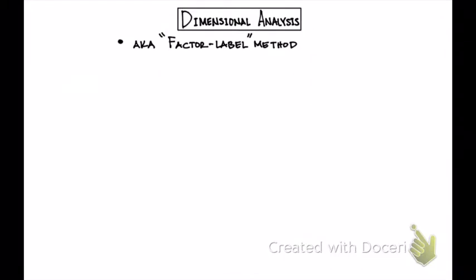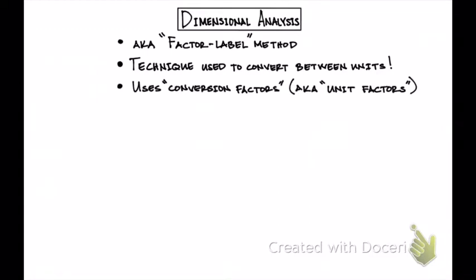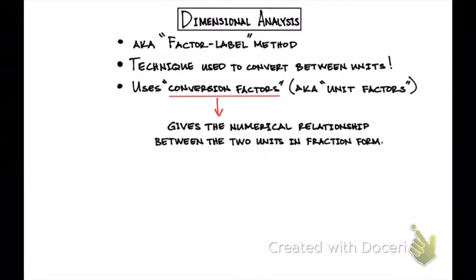Okay, and this method or technique is used to convert between units, and it uses conversion factors, which are also known as unit factors. So a conversion factor basically gives the numerical relationship between the two units in fraction form.